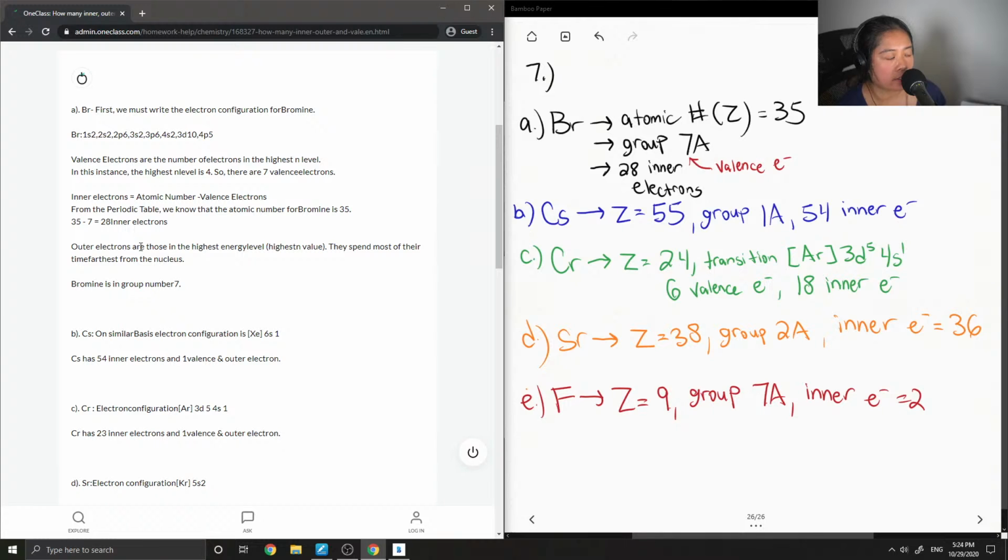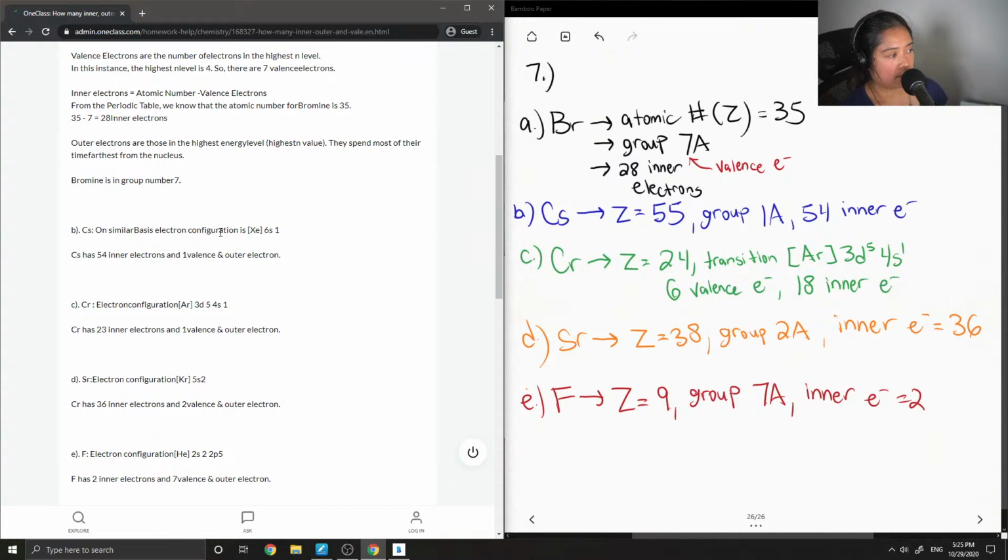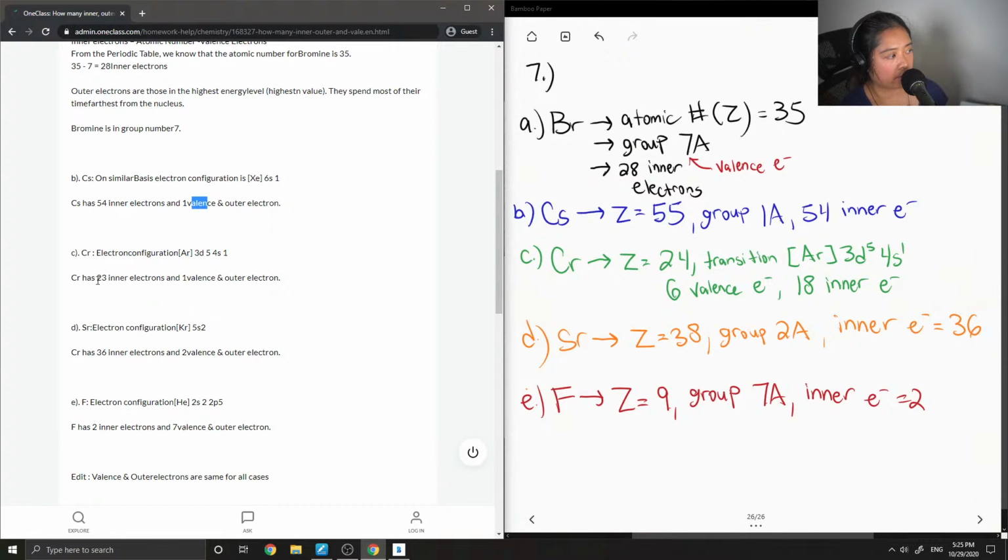Outer electrons are those in the highest energy level. They spend most of their time farthest from the nucleus. Bromine is in group number 7. Similar basis, this is the electron configuration of cesium. 54 inner electrons and 1 valence. Chromium has 23.